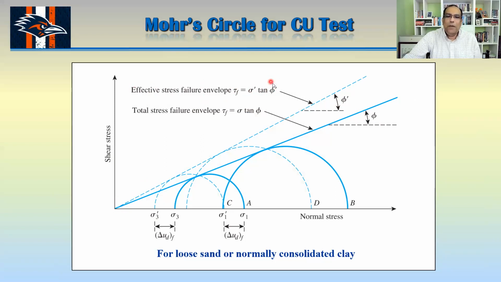So you can see your effective stress, and this is actually your drained case. When you allow the soil to drain, your pore water pressure would be 0, and you will see it from the CD test, you will get this one here. And from your CU test, you can get this one from here.